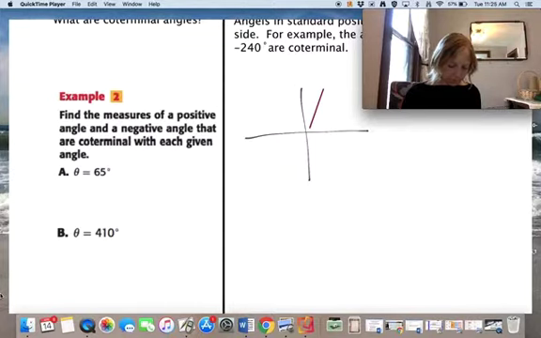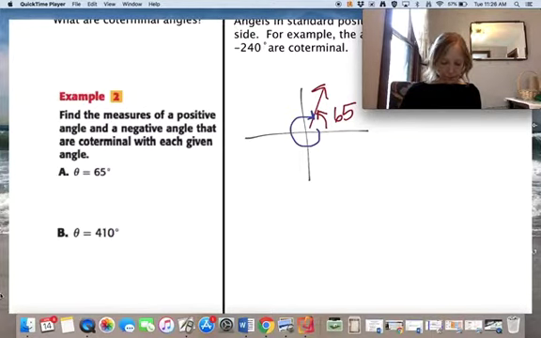I know I'm not touching the origin. You all are much better at using Notability than I am. Okay, so next step, now that I've got that 65, is I want a positive angle and a negative angle. I'm going to start with the negative angle. What I can do is start here, and I can go down and around and figure out what that would be.